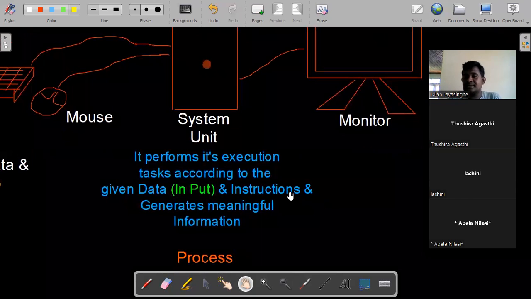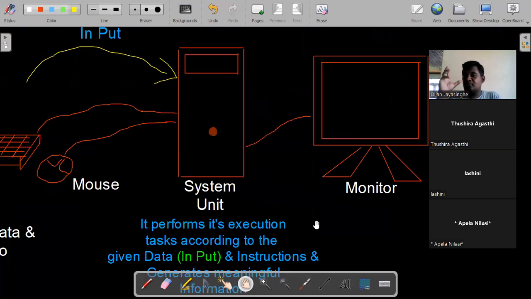In its process, it is generating meaningful information, right? After it generates meaningful information, what will be the next stage? It is presenting to us. How is it presenting? It is presenting to us by the monitor. What does presenting mean?